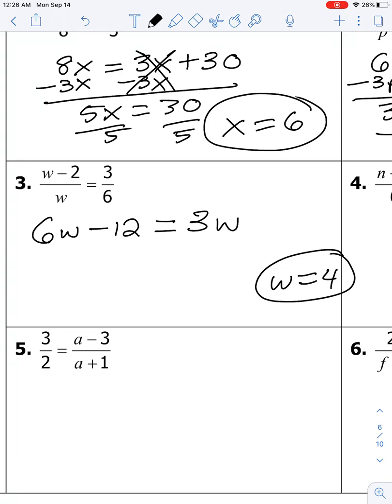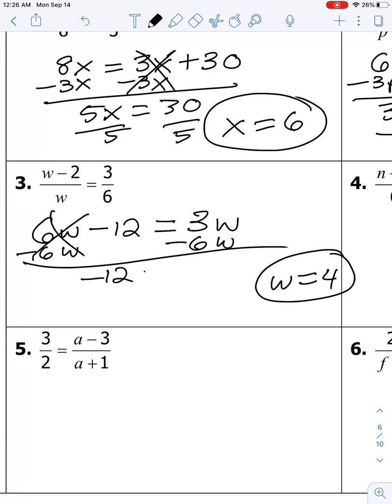Probably what I would do on this one is subtract the 6w and bring it away from the negative 12. So now you've got negative 12. 3 minus 6 is negative 3w. And it's one less step that you have to do.